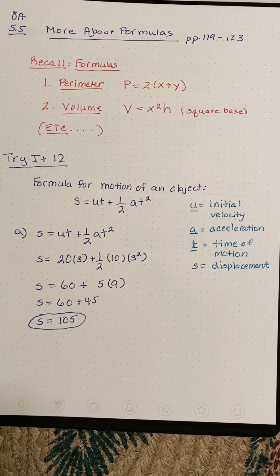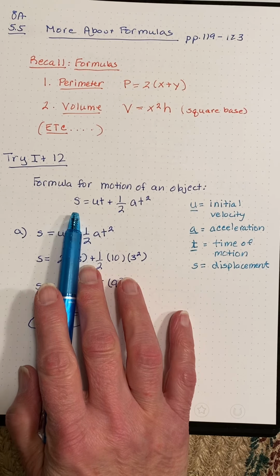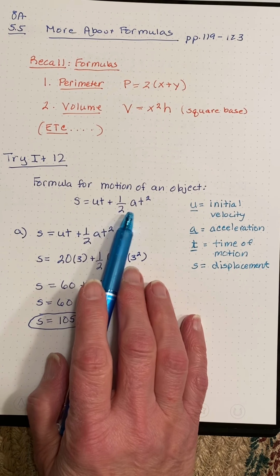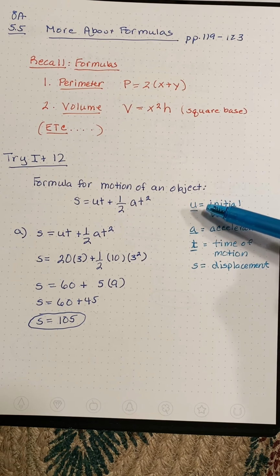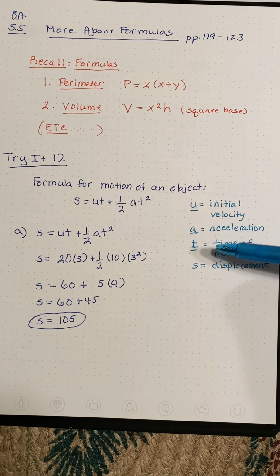So we're going to begin on page 120 with Try It 12, where we have the formula of motion for motion of an object. So basically the setup is S equals UT plus half of AT squared. If you're interested, U in the formula stands for the initial velocity or speed.